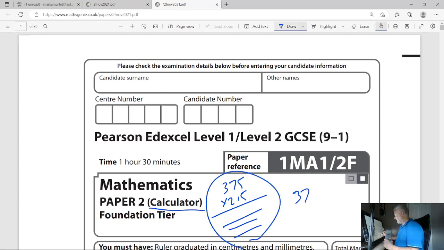What we do need to show is that we've written it down, that we're going to do that calculation, and we've got one answer for it. So we would type that into the calculator: 375 times 215 equals 80,625. And that's a lot quicker than doing it manually. So that's going to maximize your time in the exam by doing everything on the calculator.